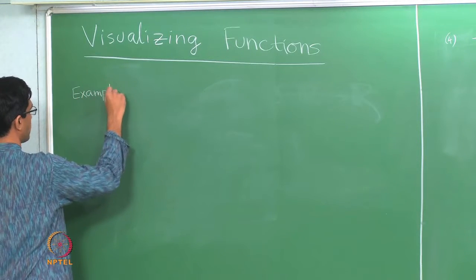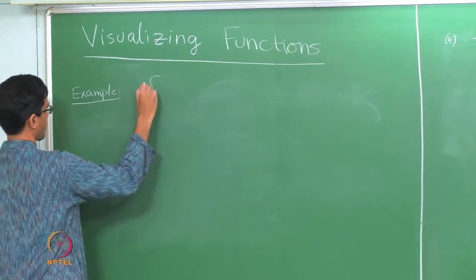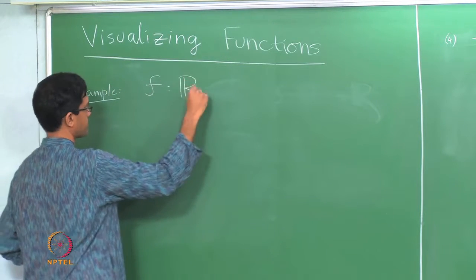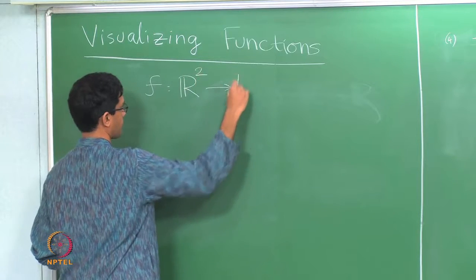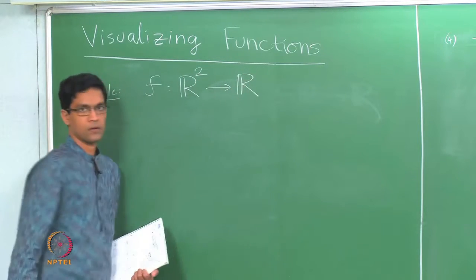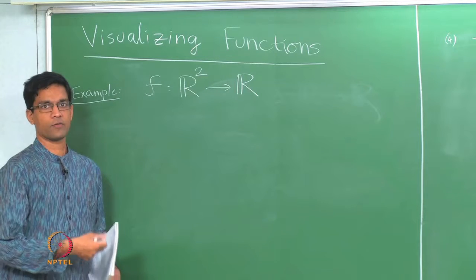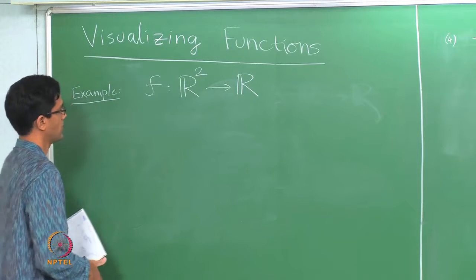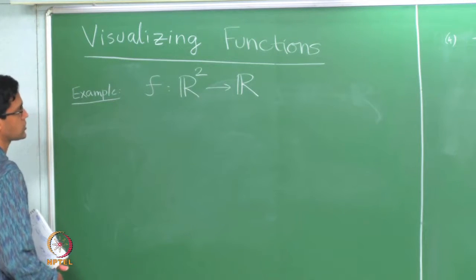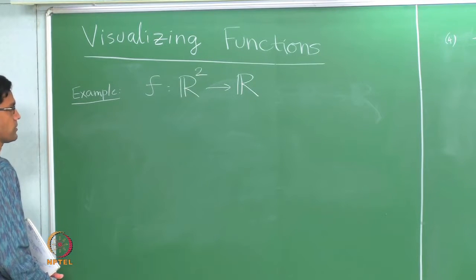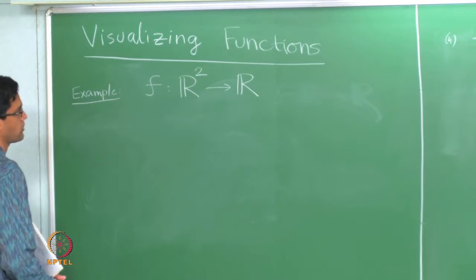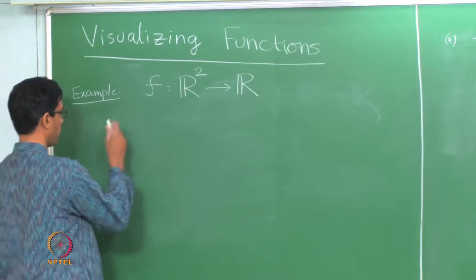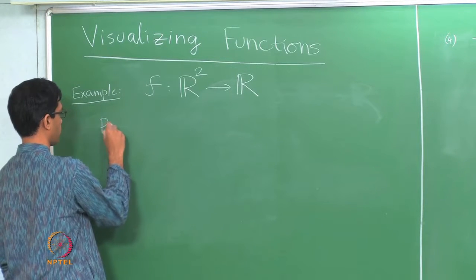Okay. Now let's do another example. Now for a function f, sort of the opposite thing, going from R2 to R, we want to again see what sort of picture we can draw of this function. What's a graphical representation? How do we picture such a function?